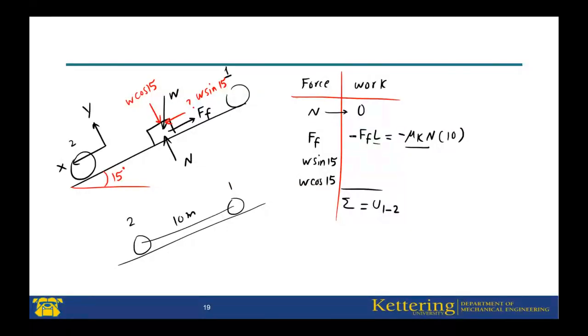This one moved 10 meters down the slide. This one is important, guys. Minus is very important. Then, what is the amount of the work that is done by W sine 15, weight sine 15?